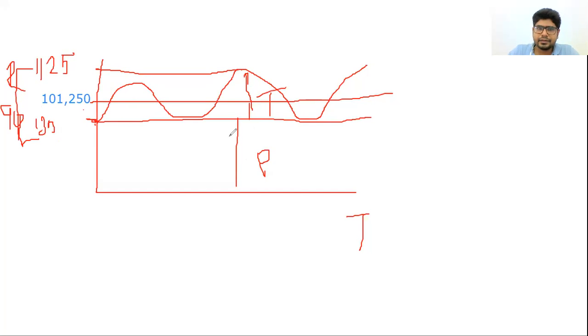Then under the aggressive policy, all these portions are financed by which method? The 135 is financed by which? Long term or short term?